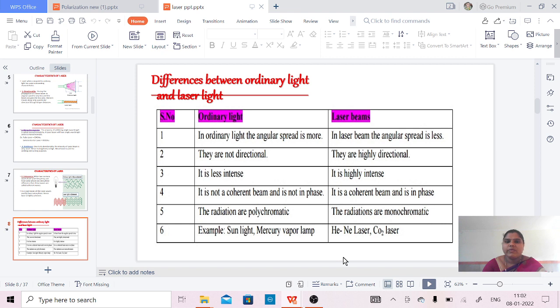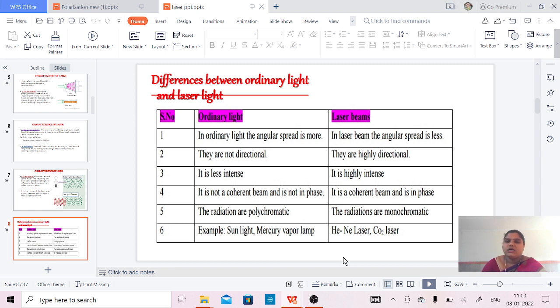What is the difference between ordinary light and laser light? In ordinary light, the angular spread is more, and in laser beams it is less. Ordinary light is not directional, while laser is highly directional. Ordinary light is less intense, and a laser beam is highly intense. Ordinary light is not coherent and not in phase, while a laser beam is coherent and in phase.